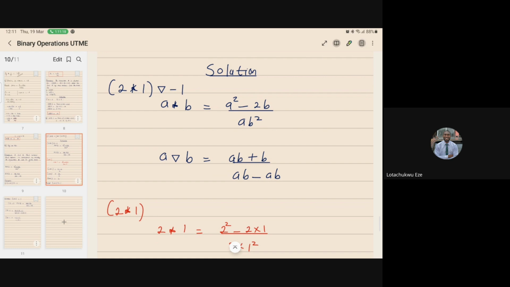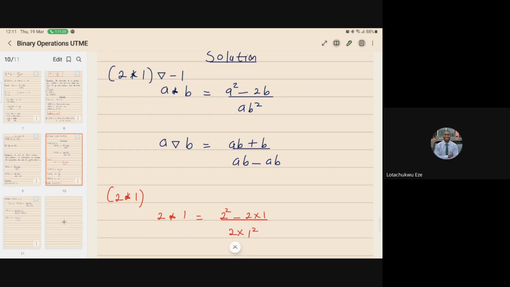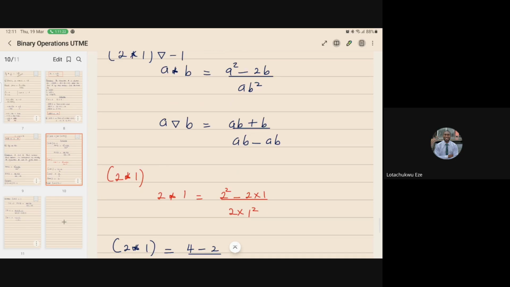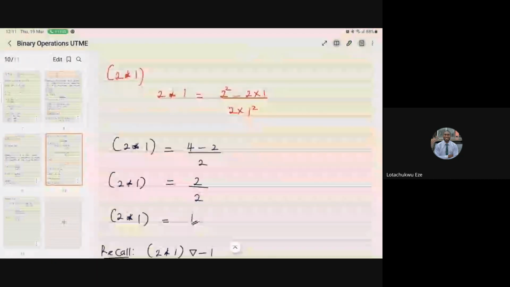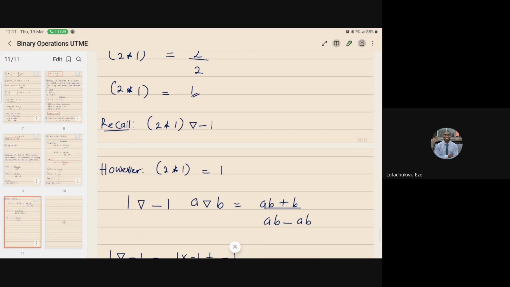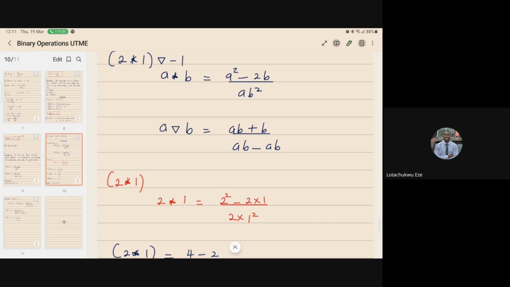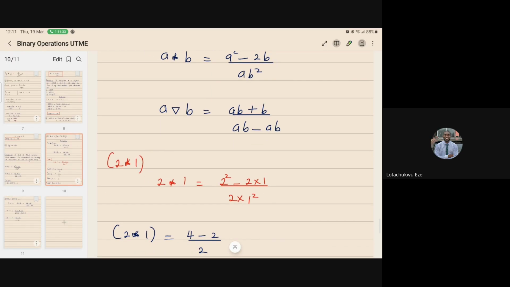Okay, let's go back. 2 squared minus 2 times 1, good. Then 2 times 1 squared, right? Makes sense. Then I have 4 minus 2 over 2, right? So 2 divided by 2 will give me 1. So I have 1 and this symbol. This is A plus B all over A minus B, according to what was given to us. And I think we are on point, right?